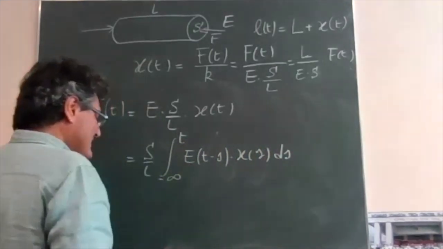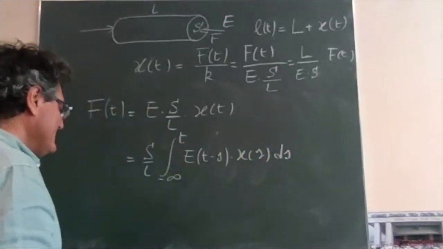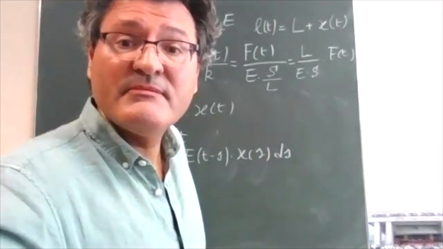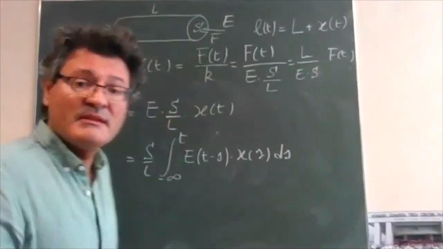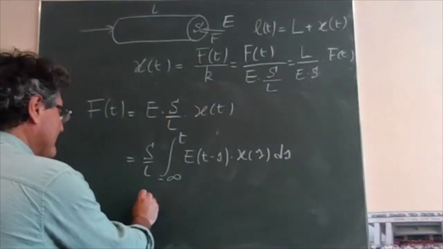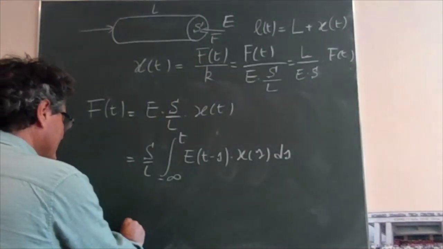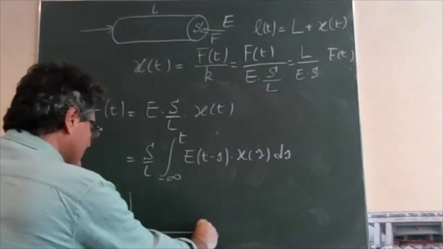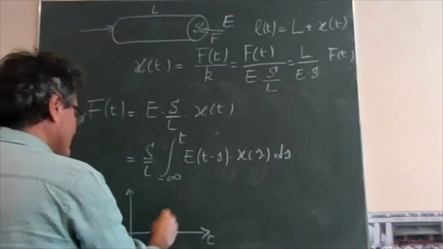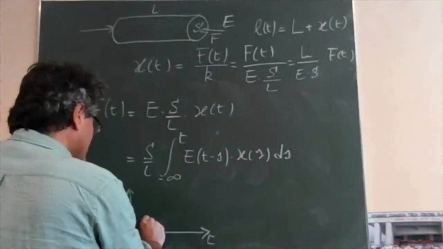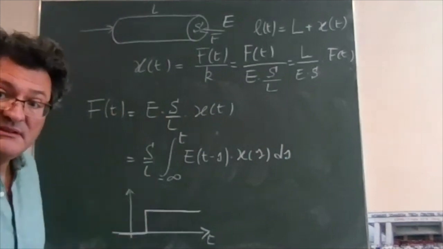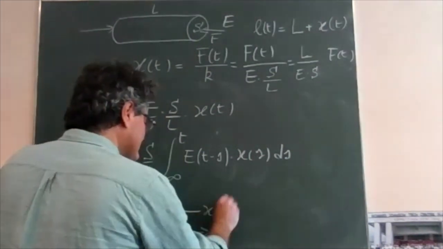Okay? So the Young modulus is not constant. The Young modulus is something that is of that sort. For example, if we take this is time, and x is of this sort. Okay, for example, we put a step function on it. So this is x.